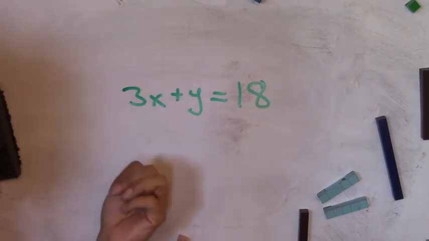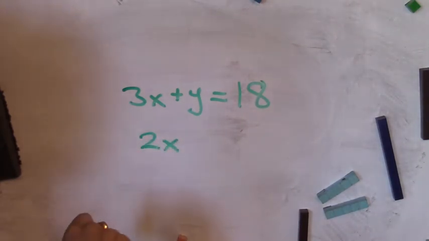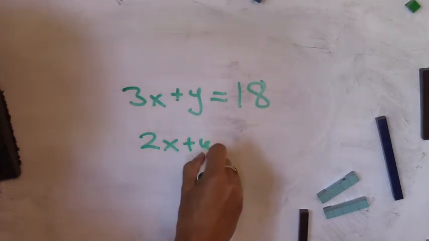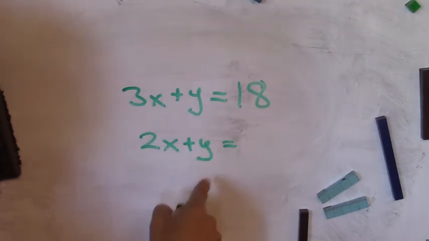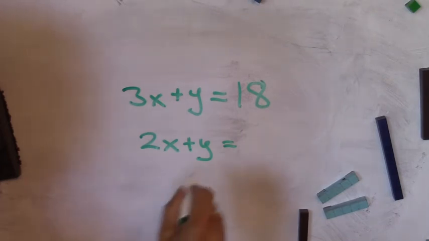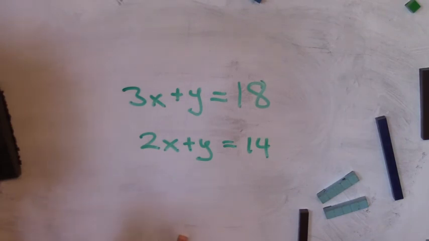And I'm going to say that 2x plus. We'll make this super easy so you get the concept. But 2x plus y is the same thing as 14. That should be really easy to see.